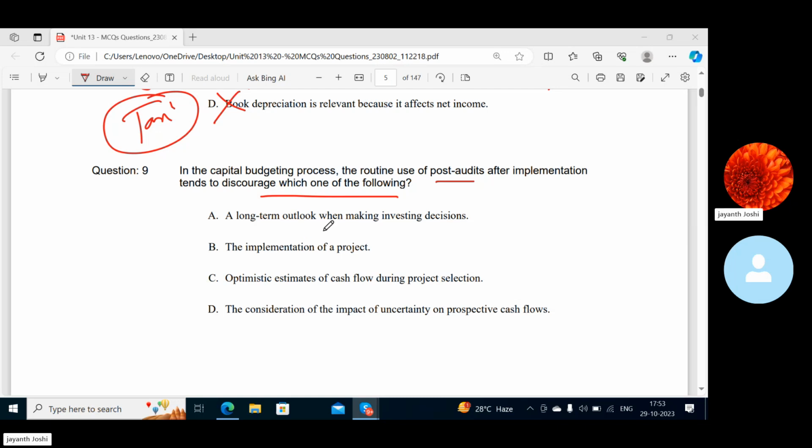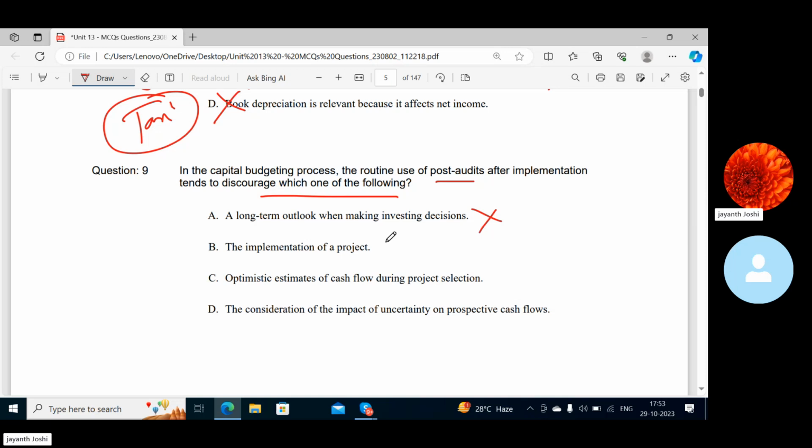A long-term outlook when making investment decisions. Actually, capital budgeting projects are long-term only, right? So post audit is designed to stop unrealistic estimates, not to stop the implementation of profitable projects.